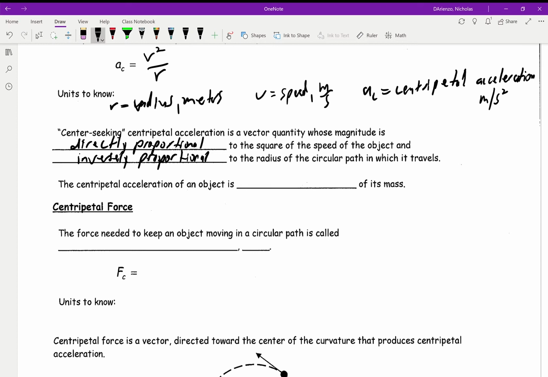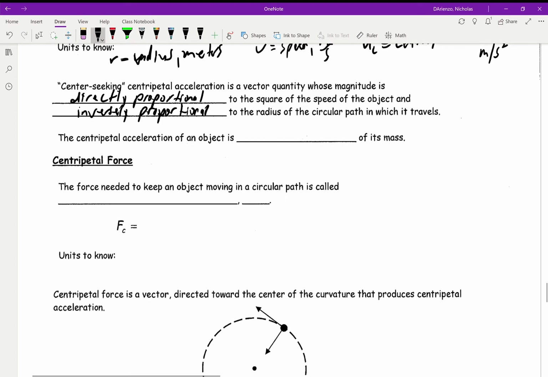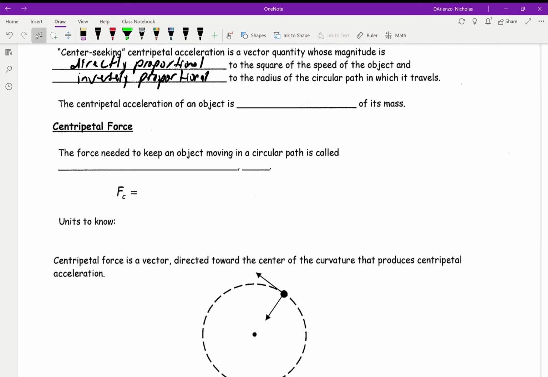Now, centripetal acceleration works closely with centripetal force. And we don't want to confuse centripetal with centrifugal force, which we'll get into a little bit more later.